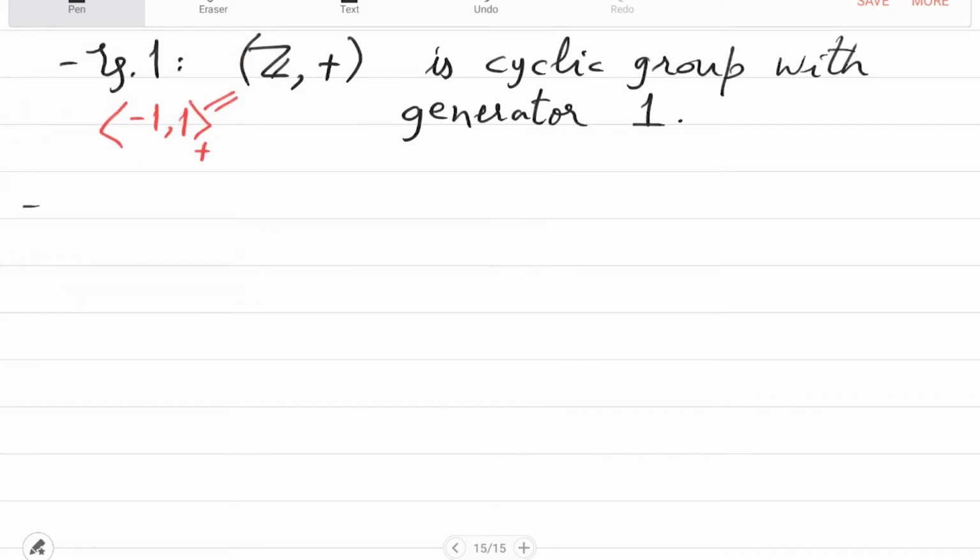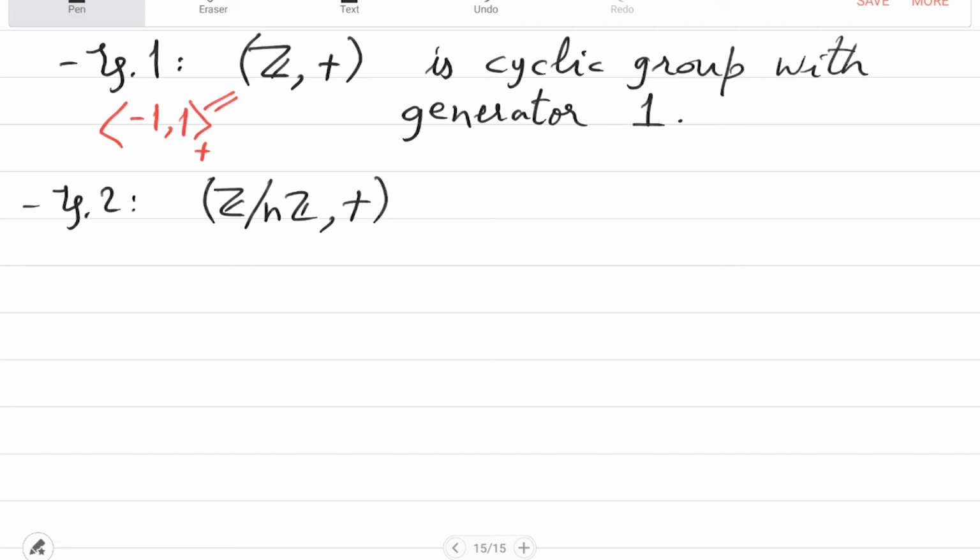Okay, another example. Integers mod n. What about this group? First of all, it is a group, right? Because every element has an inverse: a has inverse -a. Is it cyclic?